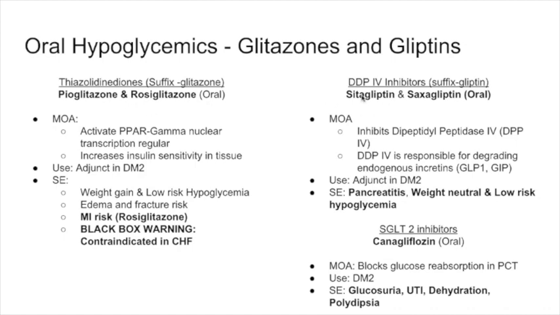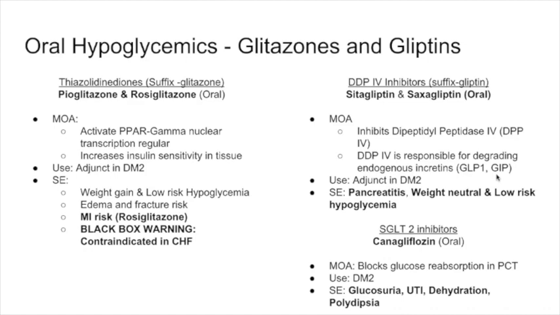Next medications are the DPP-4 inhibitors, and the suffix for it is gliptins. Examples are sitagliptin and saxagliptin, and these are oral medications. As I've talked about earlier, these inhibit the dipeptidyl peptidase 4 enzyme. If you remember, we talked about the endogenous incretins, GLP-1 and GIP.